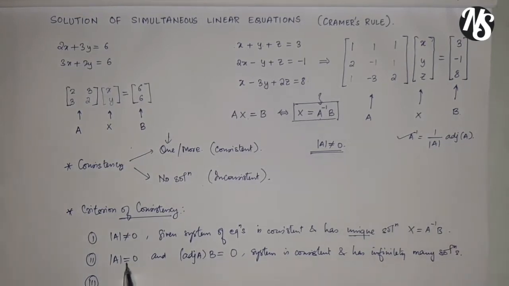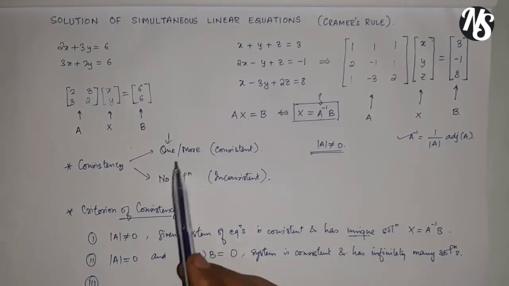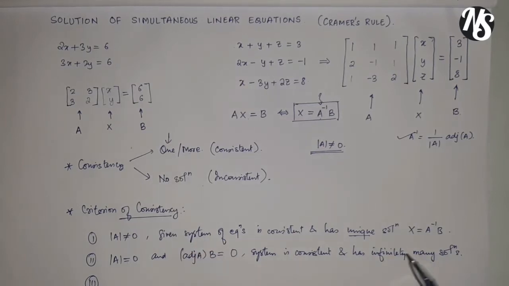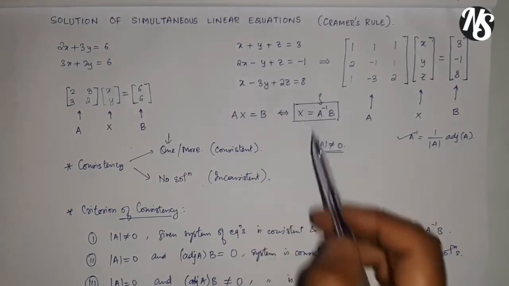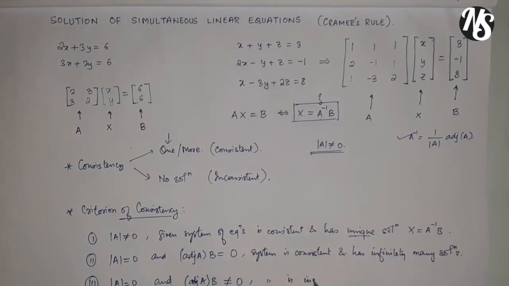So if these two happen, then also the system is consistent, but it has not one solution only, but infinitely many solutions. Now again, if determinant of A is 0, and this time adjoint of A into B is not a 0 matrix, then we say the system of given linear equations is inconsistent.